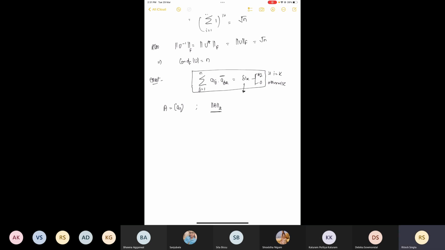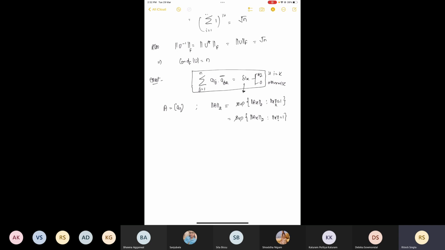So are you aware of this norm, the L2 norm of A? Yes sir. You can define it in the simplest way as the supremum of the L2 norm of AX such that norm of X is less than or equal to 1. Or it is also equal to the supremum of the L2 norm of AX such that the L2 norm of X is equal to 1.